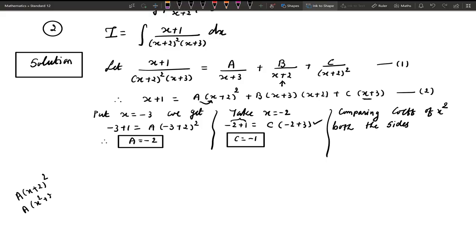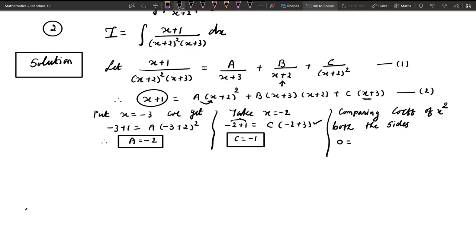You observe this one. This method will be lengthy if we equate the coefficient of x or the constant term. Check this one. When we compare the coefficient of x square, on the left hand side there is no term containing x square, so the coefficient is 0.